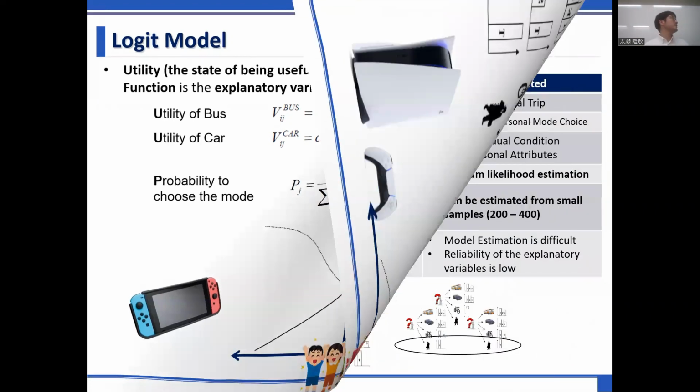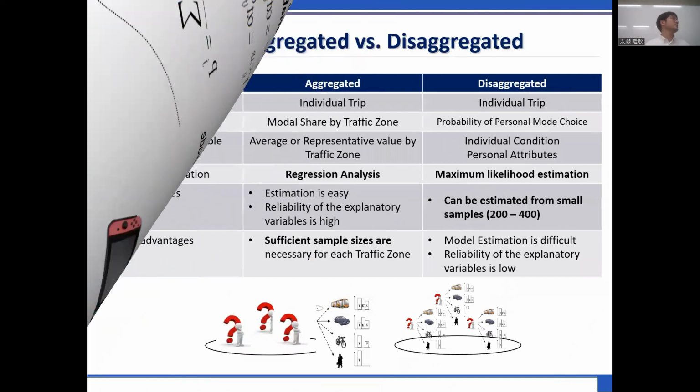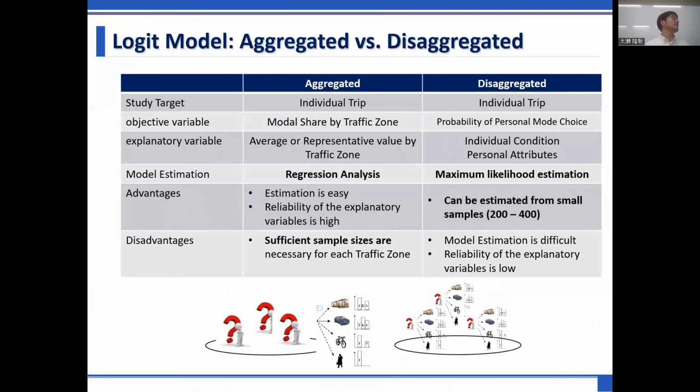Yes, and in the logit models, the aggregated logit models and disaggregated logit models are considered. Yes, the study target is the same. The mode and the objective variables are totally the same. However, in the aggregated models, the modal share by traffic zone is estimated.